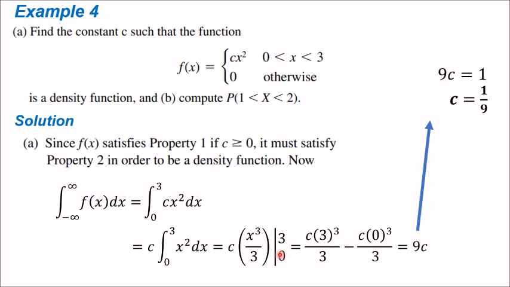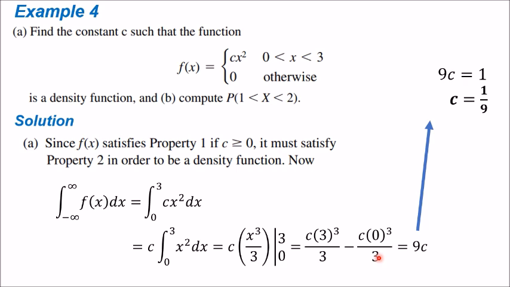This is a definite integral because it has values for the upper boundary and lower boundary. Then just simplify. c times 3 cubed over 3: 3 cubed is 27, so 27c over 3 is just 9c. The second term is 0, since the numerator is 0, and 0 divided by a number is 0. So the answer is 9c.